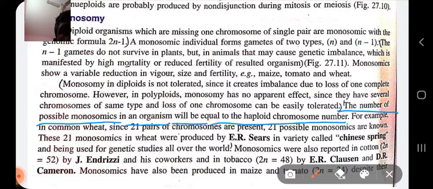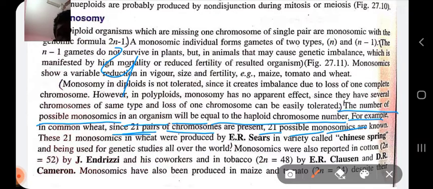For example, common wheat has 21 pairs of chromosomes, so its haploid number is 21. So 21 possible monosomics can be known.